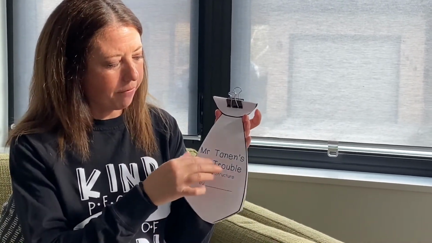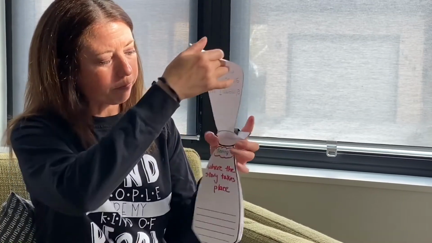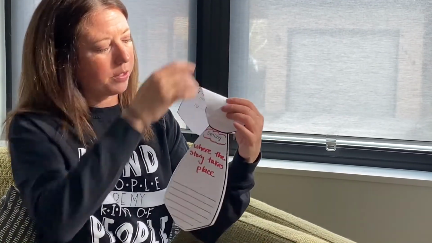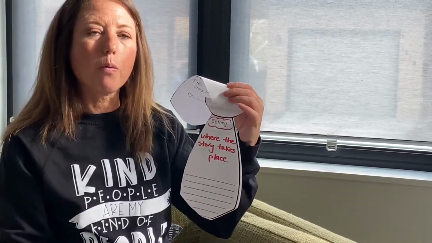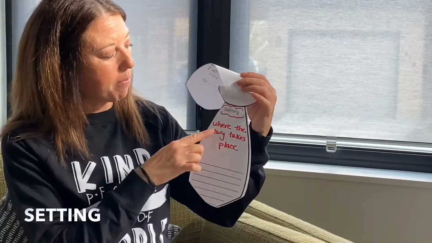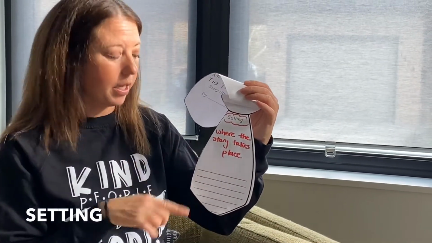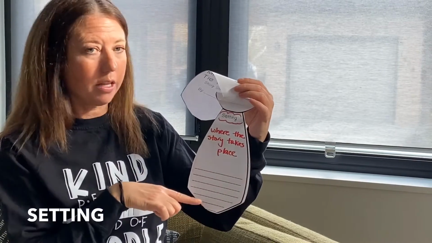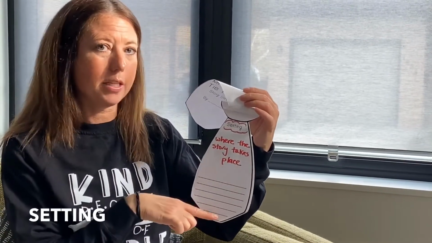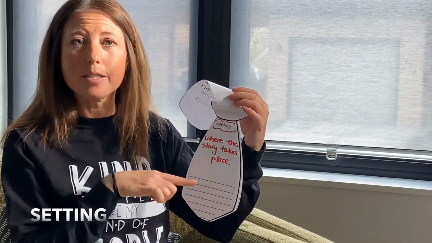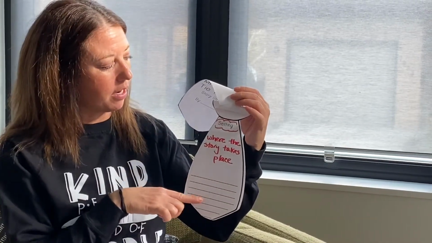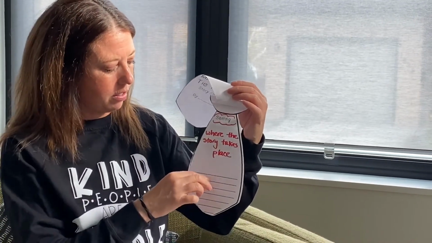So after you cut out your ties, the first tie asks you to tell what the setting is. Remember, the setting is where the story takes place. Use complete sentences on this line, giving where the story takes place, and see if you can add some details into your sentence there, and then draw a picture.